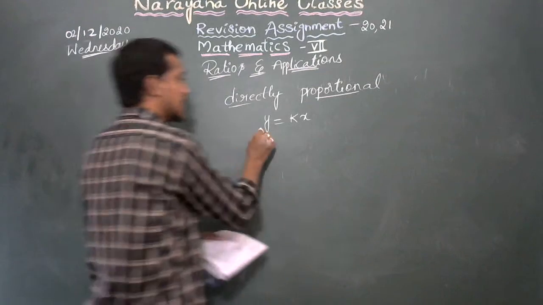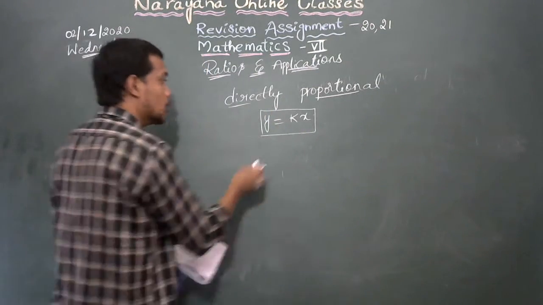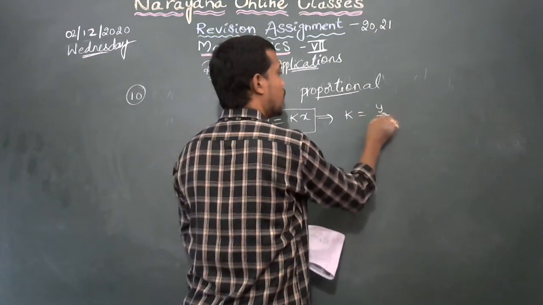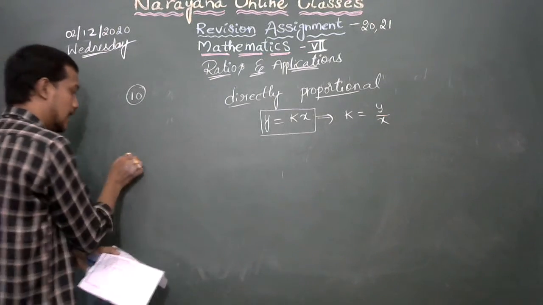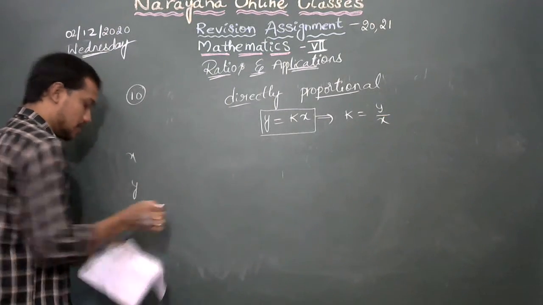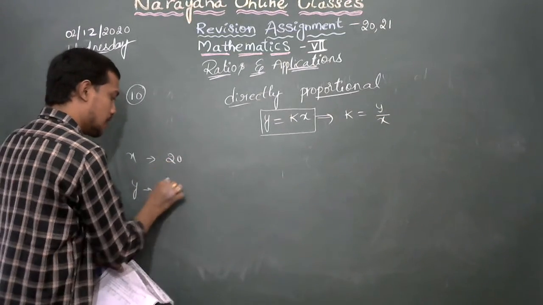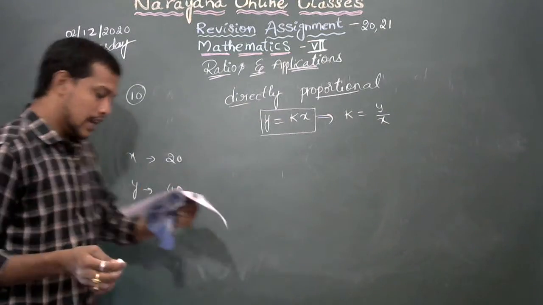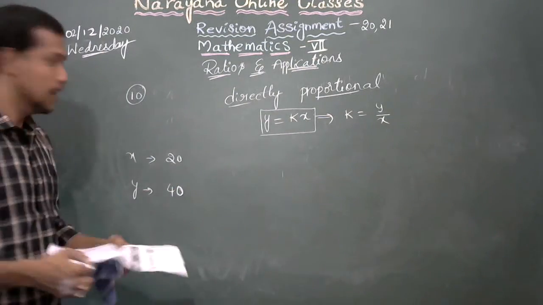So this is the directly proportional. When we find the k value, k equal to y by x. In this 10th one, x values and y values are given. Suppose x value 20, y value 40. Then we need to find whether y is directly proportional to x.